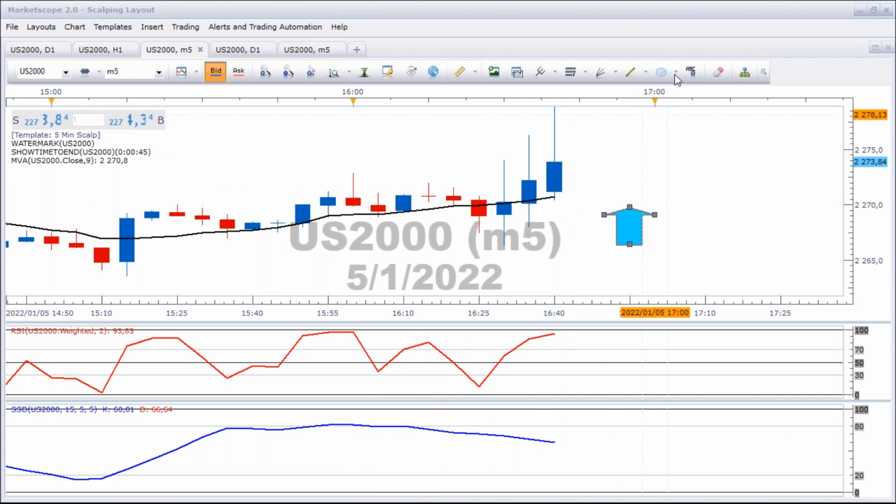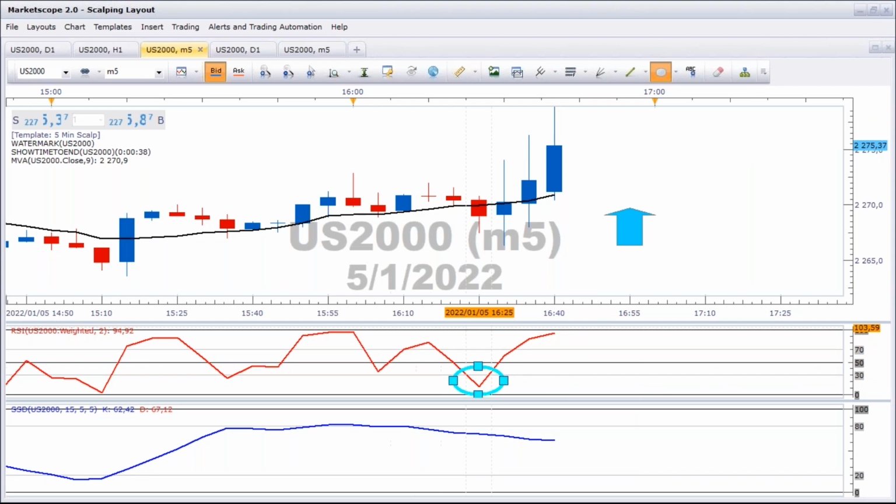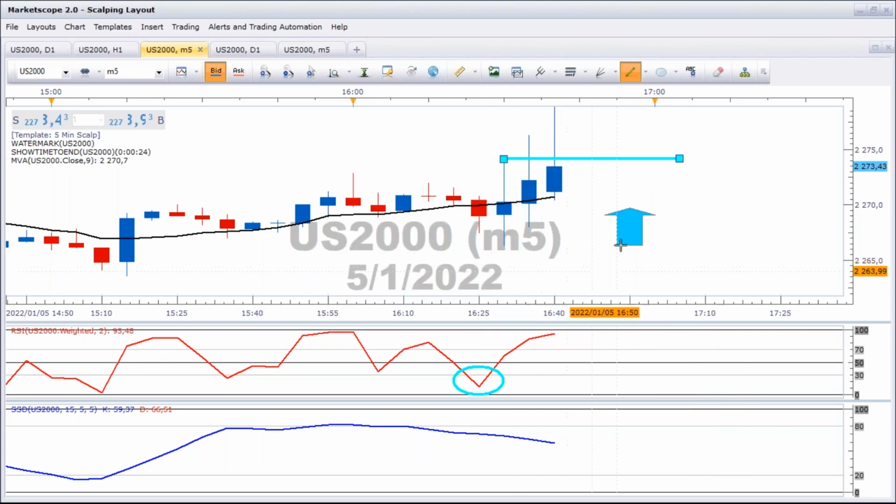Now, we've got two entry criteria, two different methods that we can use. The first one would be this pullback method. So here's the pullback by this RSI. And once we've got that, we have to measure what we call reference candles. If anybody doesn't know what a reference candle is, let me know, because it's key to our methodology.